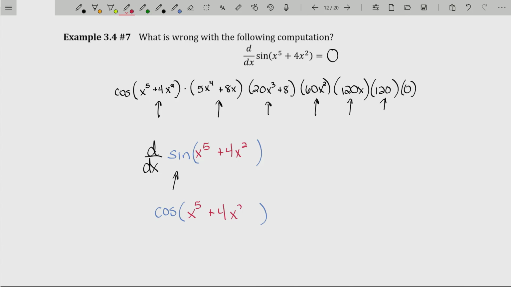And then, if they so choose, they'd probably erase that. And then they'd look at this inner part and they'd say, okay, what's the derivative of that? I'll attach that with a chain. That's 5x to the 4th plus 8x. And notice there's nothing else to take derivatives of. So you save yourself a little bit by rewriting the function and then erasing as you move forward.